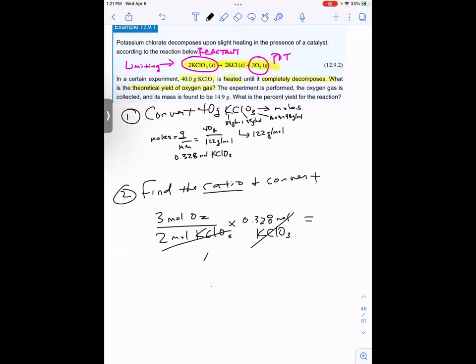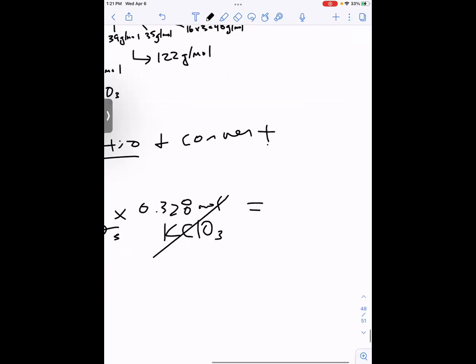Go ahead, and if you got your calculator, Nazir, go ahead and run that. I got 0.492. All right, so 0.492 moles of O2.